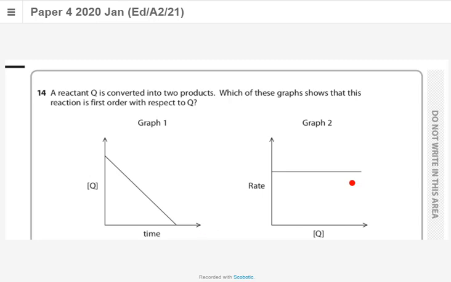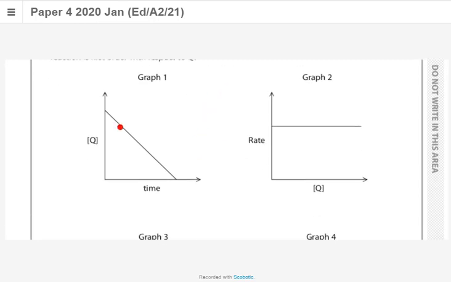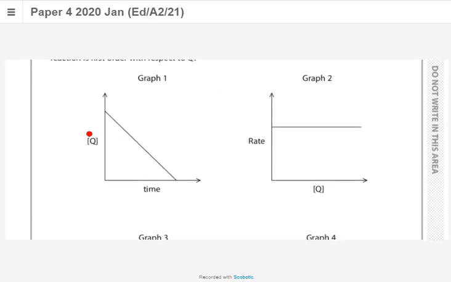A reactant Q is converted into 2 products. Which of these graphs show that this reaction is first order with respect to Q? This graph shows concentration decreasing with time. That means the gradient remains constant, right?